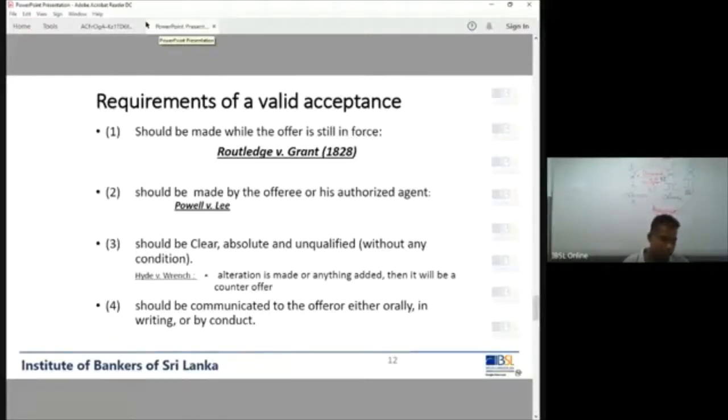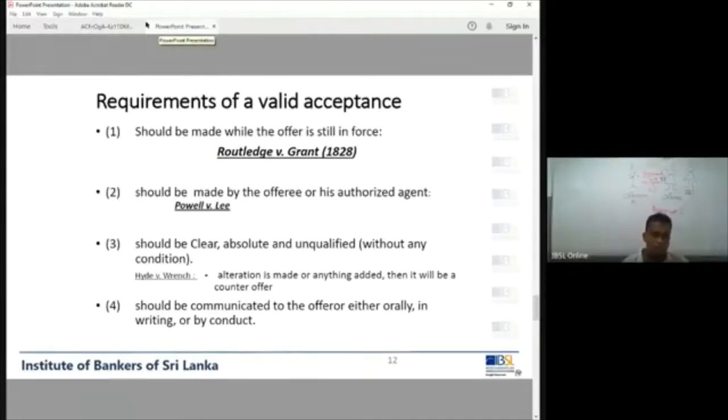Is that correct? Good question. Of course, yes. If the offeree is not the person who is accepting the offer, that means the agent, then you have to mention that you are the agent of so and so. That has to be communicated to the offeror. Otherwise, the offeror doesn't know who is that person who has accepted the offer.